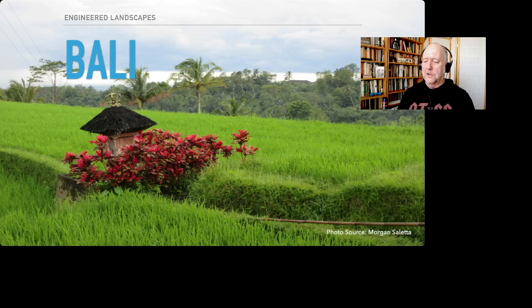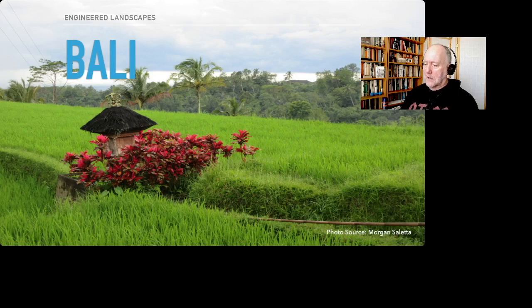Bali lies just south of the equator, and has a tropical climate. It also has fertile volcanic soils, and much of the island has an abundance of water. There's little level land to farm, though. And to overcome this, the Balinese have built thousands and thousands of rice terraces along the island's many ridges.